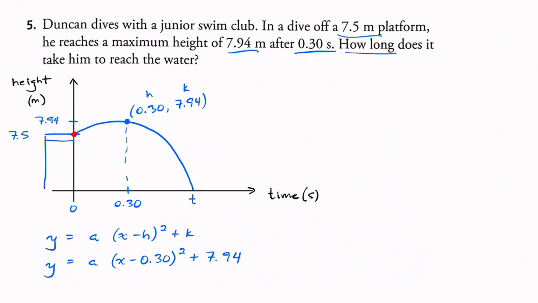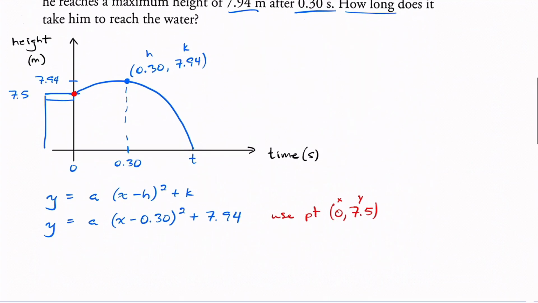So we're going to use the point (0, 7.5). This is x, that is y. So y changes to 7.5, a we don't know, x is 0, and then I'll finish writing everything else out.